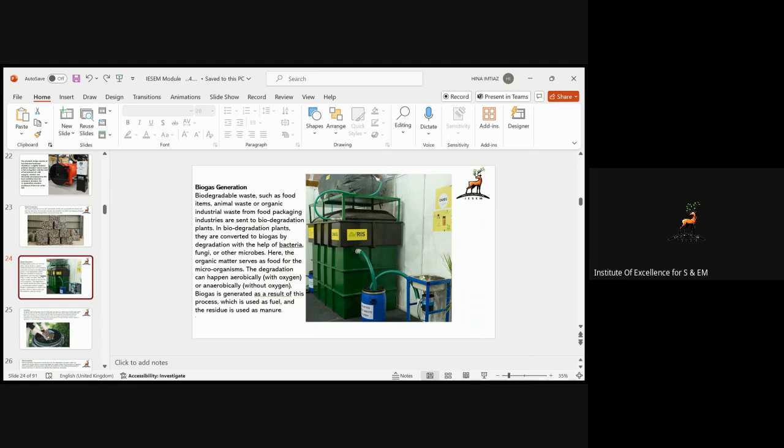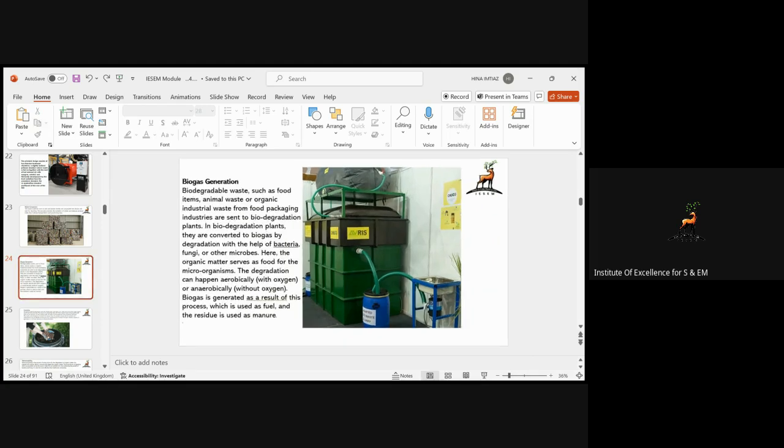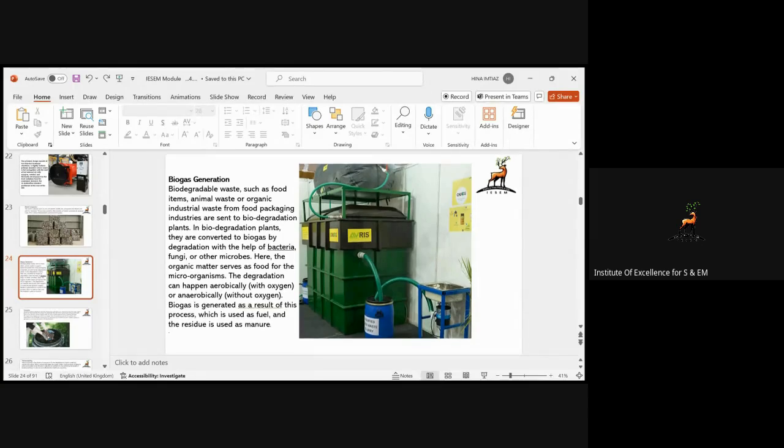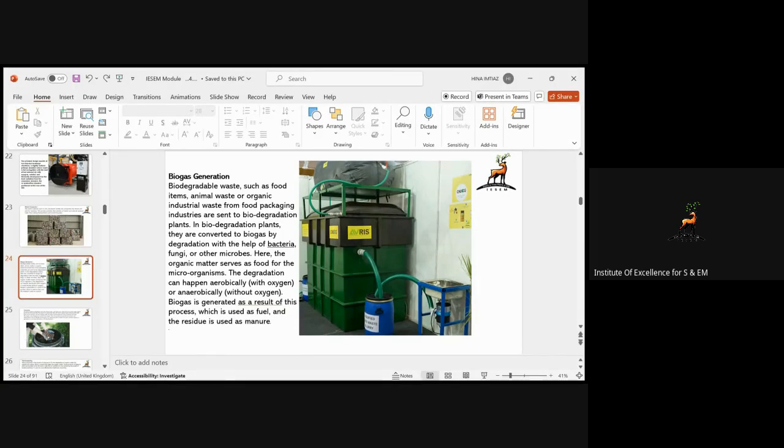The next one is biogas generation. If you see the picture, you can see that there is a balloon above this big chamber. This balloon is basically the balloon of the gas known as methane, which is produced by the anaerobic bacteria in this green chamber.